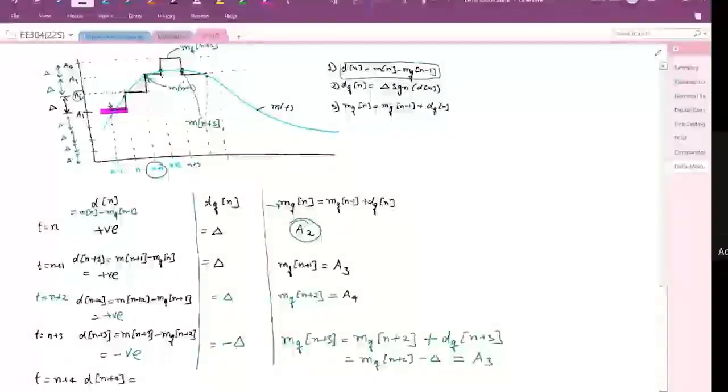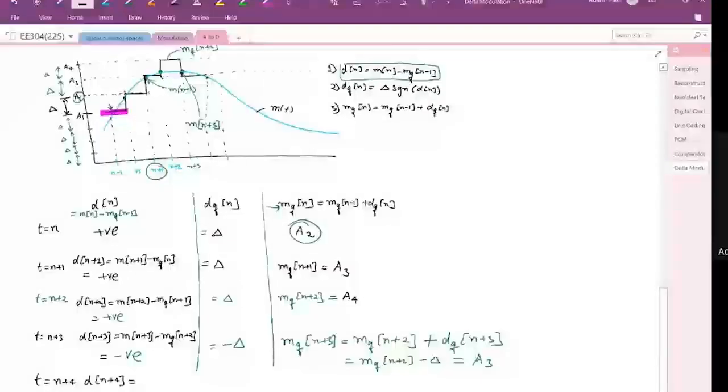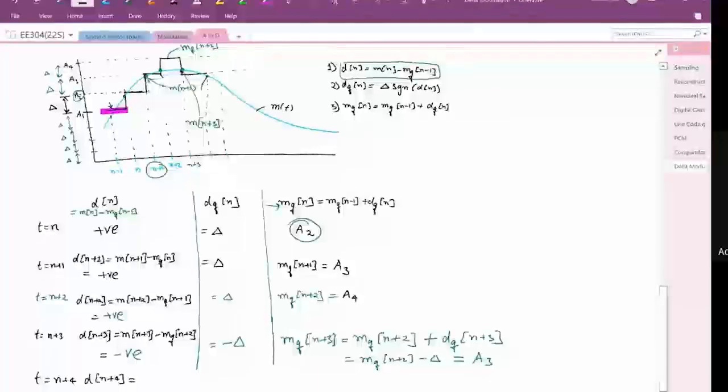Is it positive or negative? It is again the difference between mt evaluated at t equal to n plus 3, which is this value, slightly less than a3, subtracted by the previous value. It takes the quantized level, that is mqn plus 3. So is this value positive or negative?